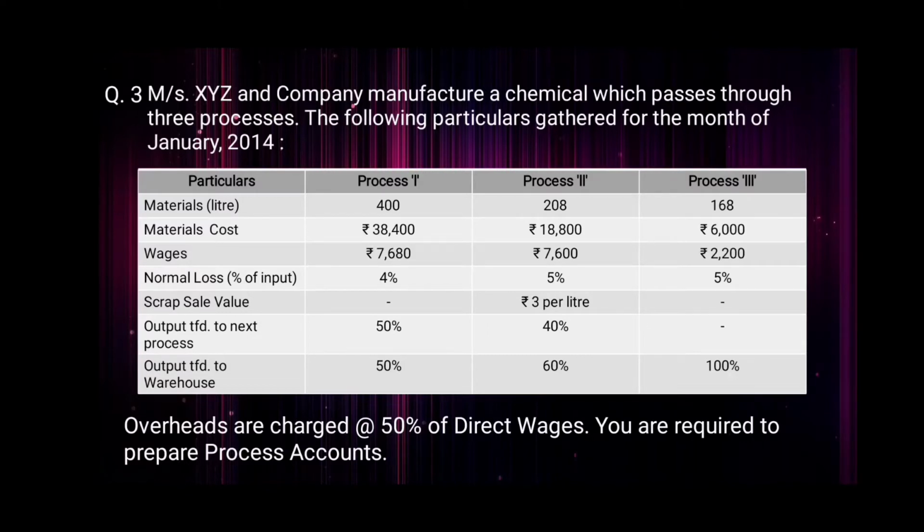The expenses are given in the table, that is the material, wages, normal loss, scrap value and output that is transferred to the next process as well as to the warehouse. All the details are provided in the table for process 1, process 2 and process 3. Overheads are charged at 50% of direct wages. You are required to prepare process accounts.